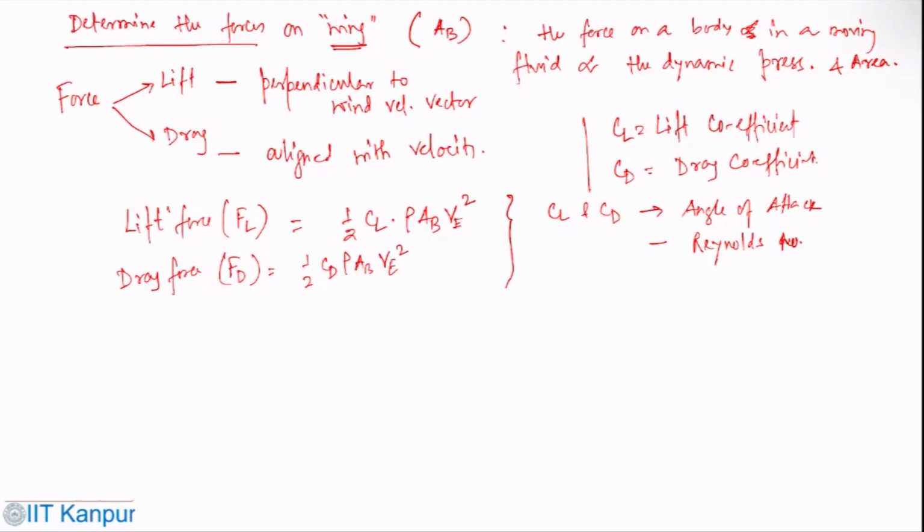Typically in the context of aerodynamic performance, we look at the lift to drag ratio, which is essentially CL by CD.